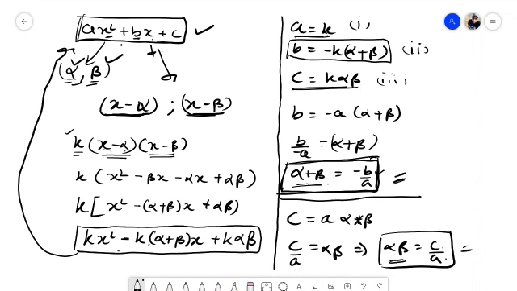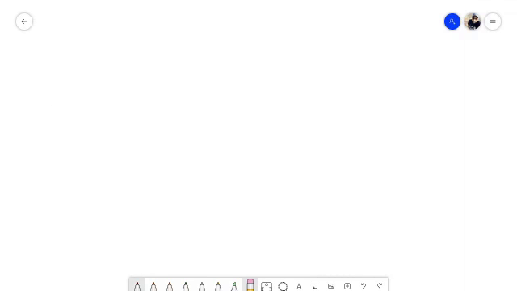If alpha and beta are the zeros of any quadratic polynomial, then alpha plus beta is minus b upon a, and alpha into beta is c upon a. Is it clear? Let's check it out once again.